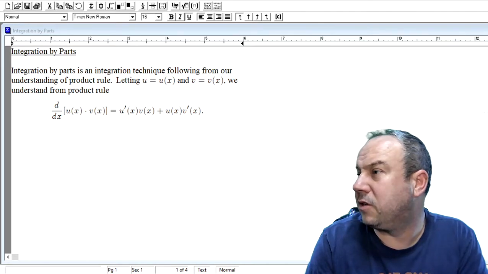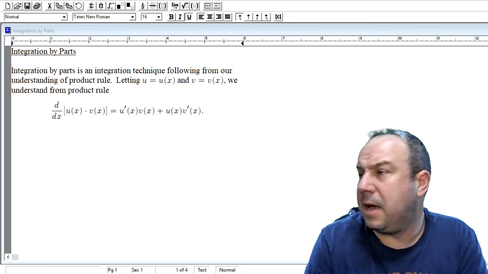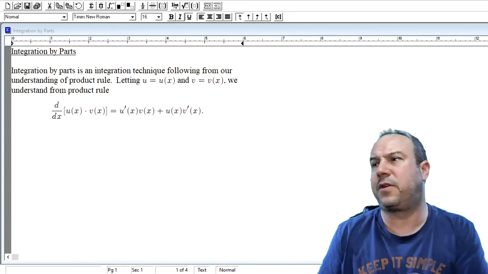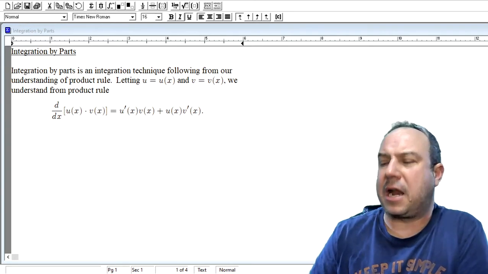So, let me bring this up. This is integration by parts. We are going to look at this topic of integration by parts, an integration technique that follows from the product rule.